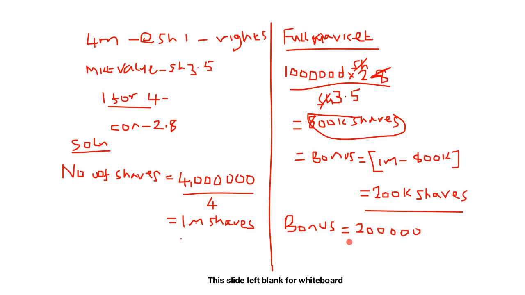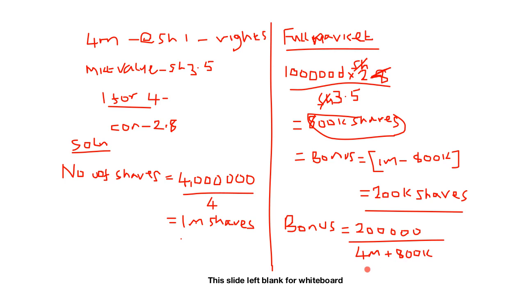We divide by the total number of shares that are in the market. Remember, in the market we had 4 million plus an additional 800,000 that are going to be issued at the full market value. So that will be 4.8 million shares. I hope I'm clear.